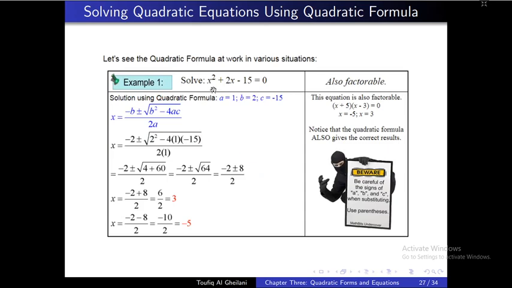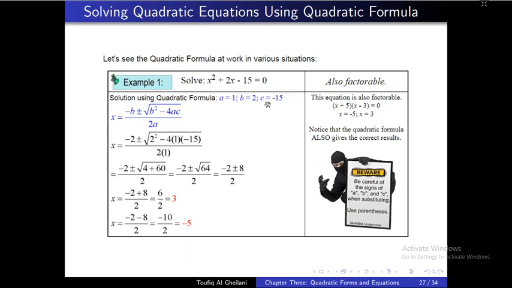So let's take example 1. Solve x squared plus 2x minus 15 by the quadratic formula. So a is the coefficient of x squared, 1, and b is the coefficient of x, 2, and c is the constant term, minus 15.